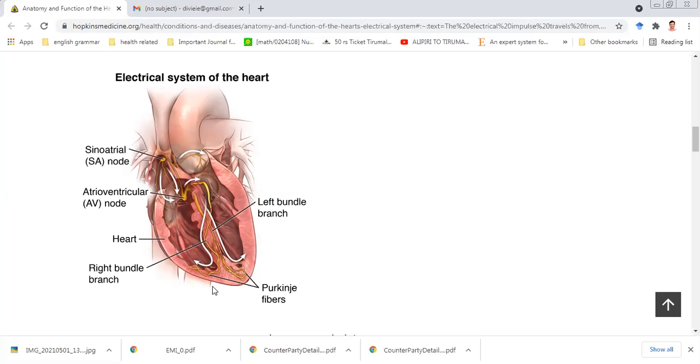At that moment, we get a heart sound, and that heart sound is called the heartbeat. All of you know it is lub dub, lub dub.